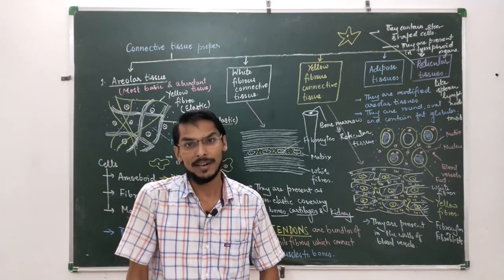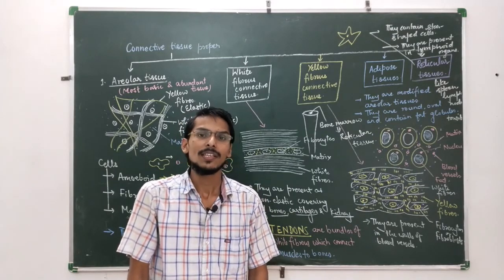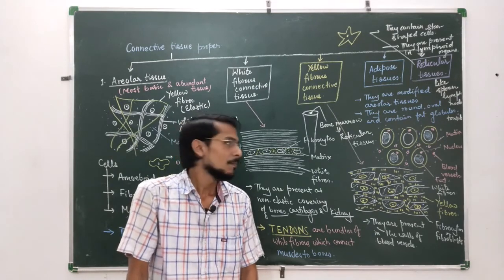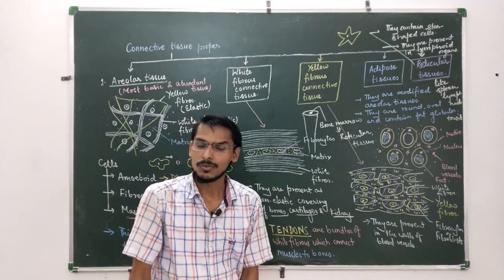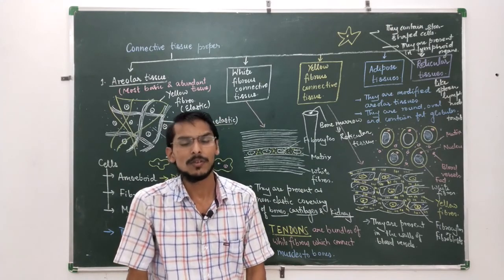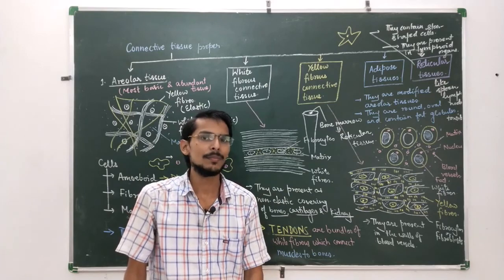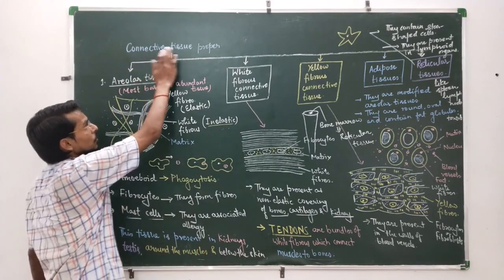RBC, WBC, platelets are formed in that bone marrow. And the formation of these corpuscles, or we can say cells, is due to the presence of reticular tissue. So another important function of reticular tissue is formation of blood corpuscles, that is RBC, WBC and platelets. Okay, so this is all about connective tissue proper.